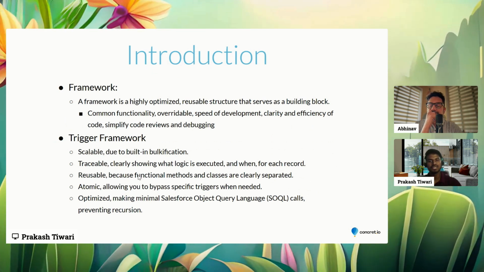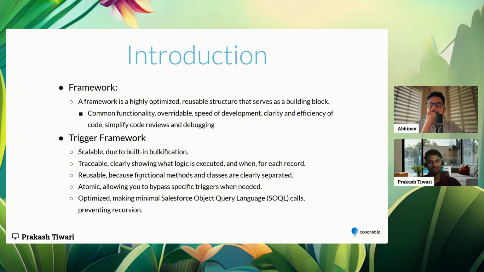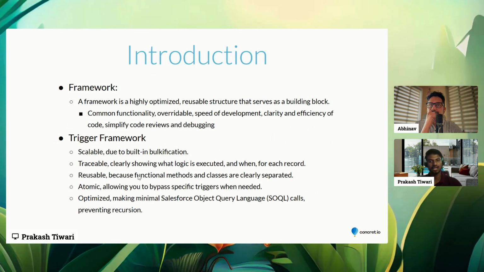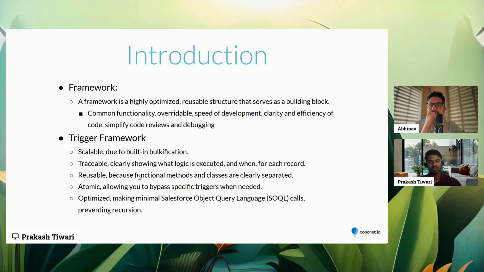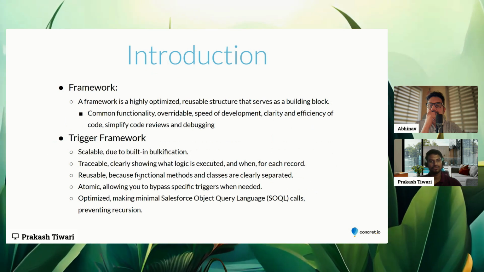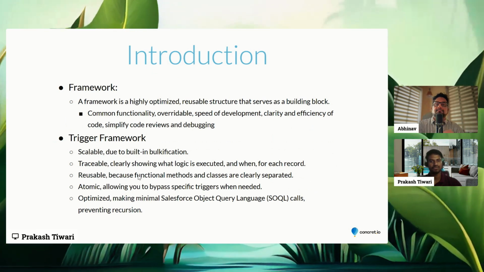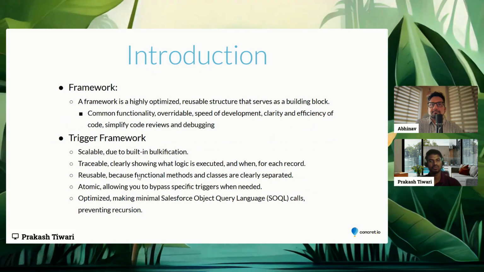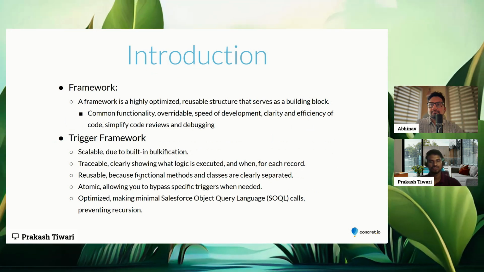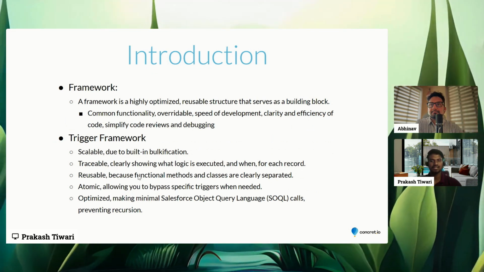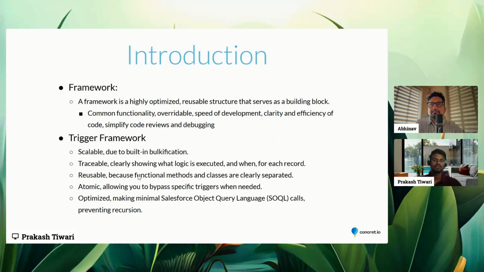So it becomes easy to debug issues if we face any problem, and it is very clear where to look in the code for wrong logic. And the other thing is reusable.